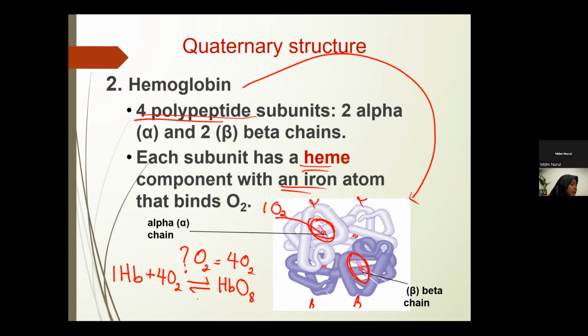HbO8 ni nama dia apa? Oxyhemoglobin. Oxyhemoglobin. HbO8 is oxyhemoglobin. Okay, meaning to say apabila satu hemoglobin bind to 4 molecule of oxygen, nama dia akan jadi oxyhemoglobin.